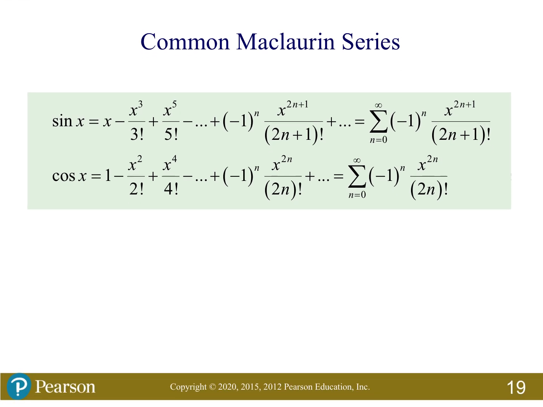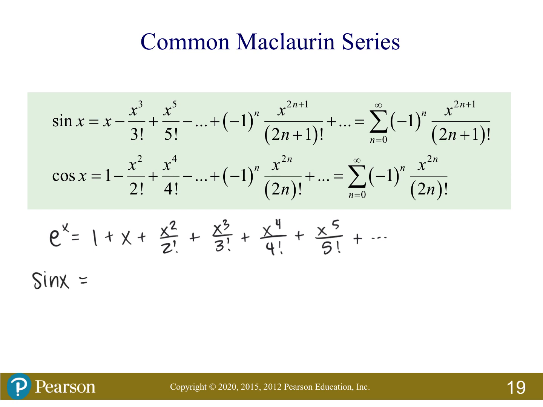So I want you to think about e to the x having 1 plus x plus x squared over 2 factorial plus x cubed over 3 factorial plus x to the 4 over 4 factorial plus x to the 5 over 5 factorial, etc. Sine x takes every other term. Okay? Cosine x takes all the other terms that weren't taken by sine. So cosine starts with the 1, and sine gets the x.